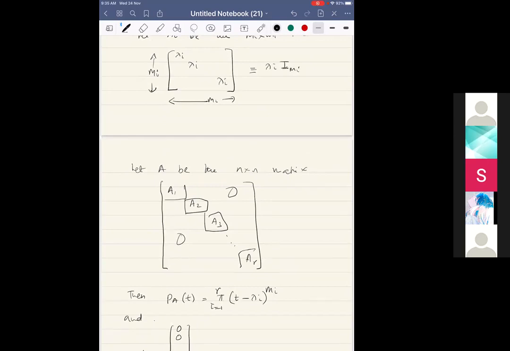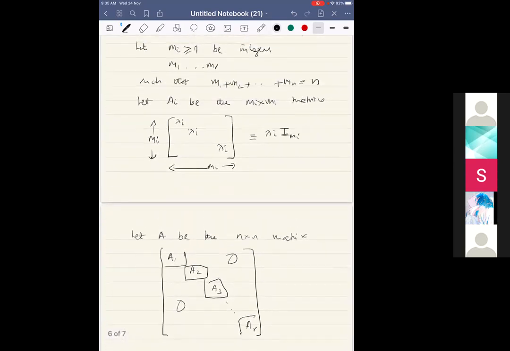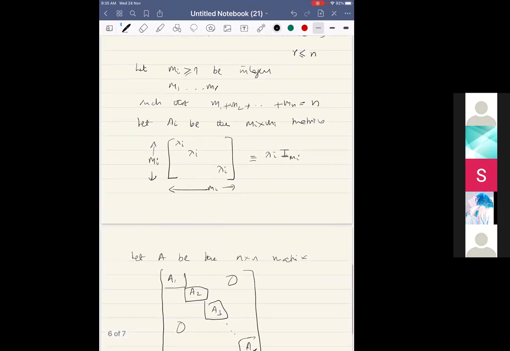So there is a question. In your n cross n matrix, your last element is A_r, but it should be A_n because there are n rows and n columns. No, there are only r matrices.